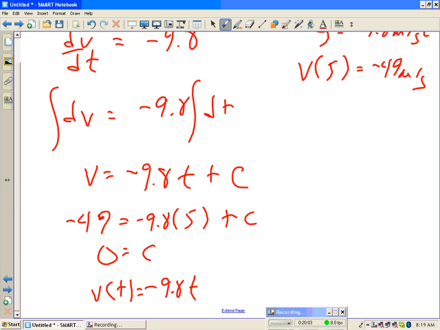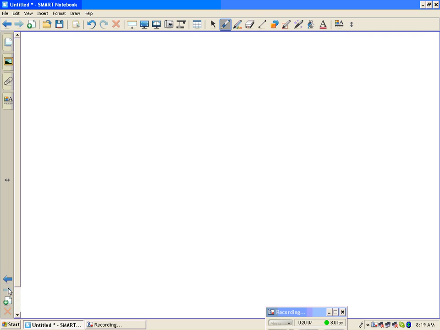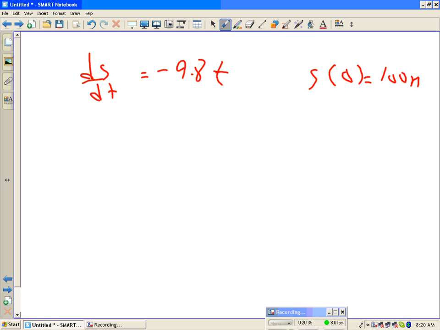Okay. How about this? If v of t is negative 9.8 t, then what's s? Isn't v just ds/dt? And let's say I give you an initial condition like, I don't know, s of 0 is 100 meters. So now what?